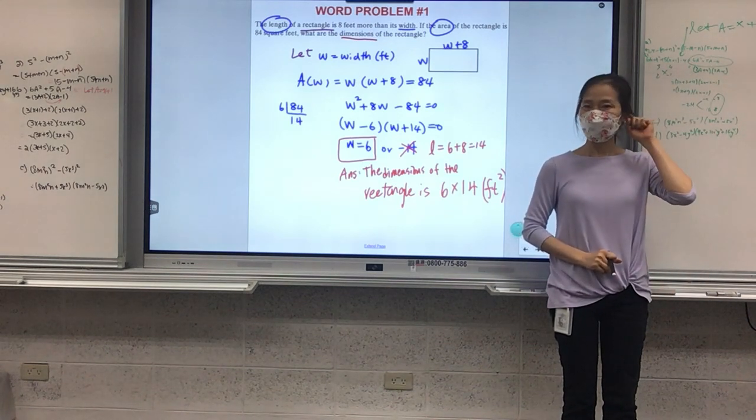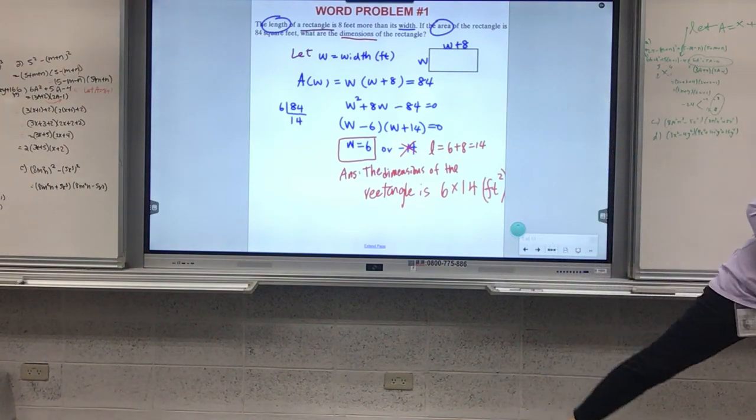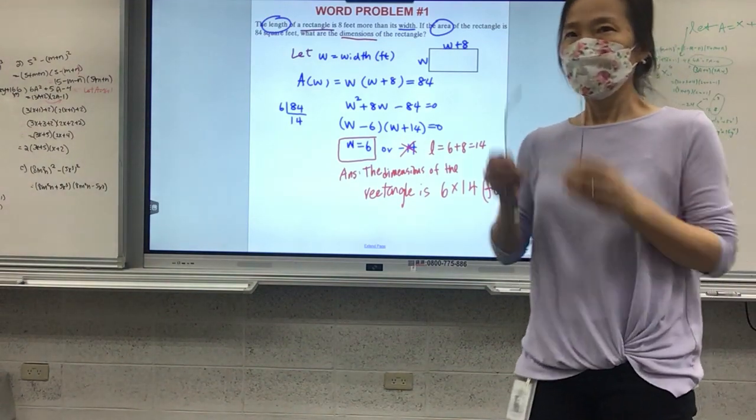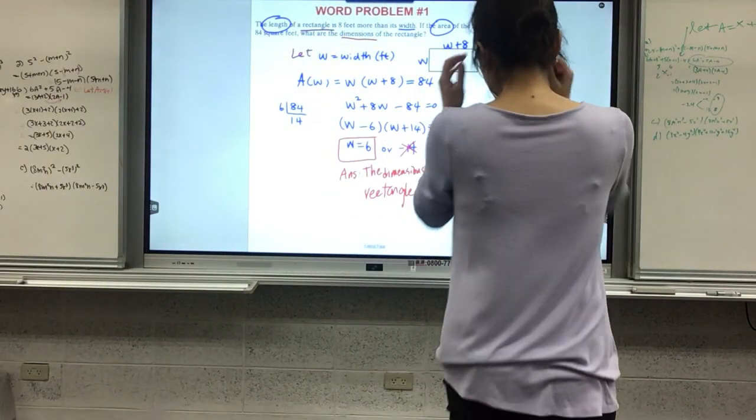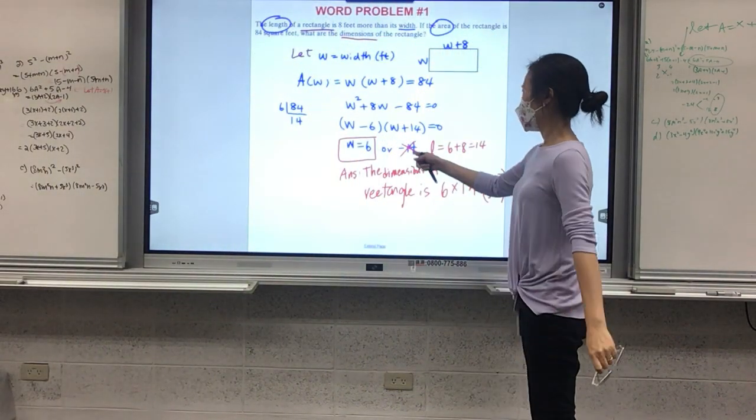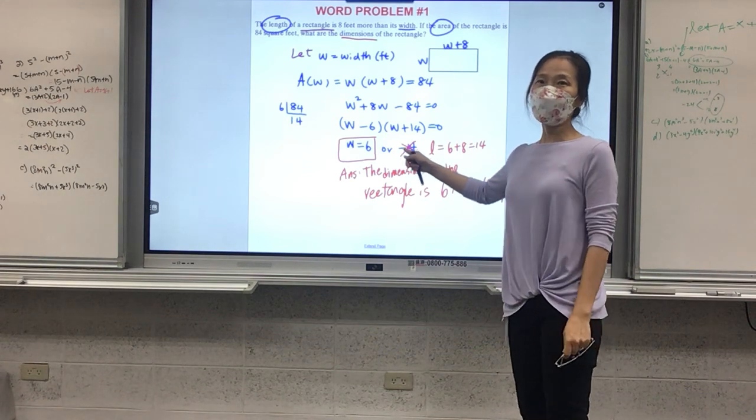Wait, Miss, I don't get how it's possible to get two values of width. Well, in this case we eliminate one because width cannot be negative.